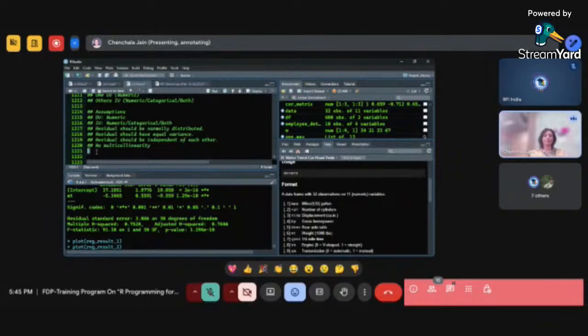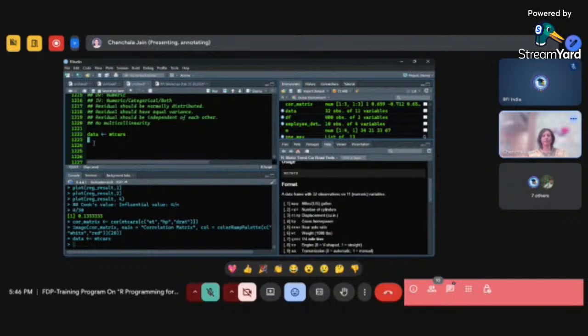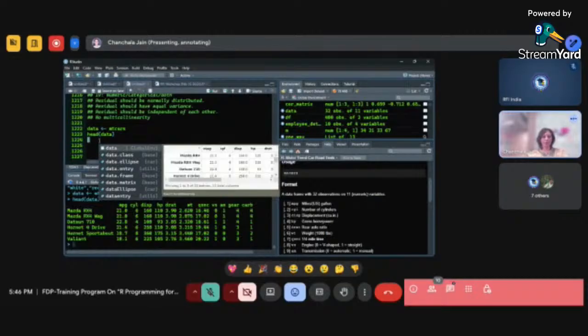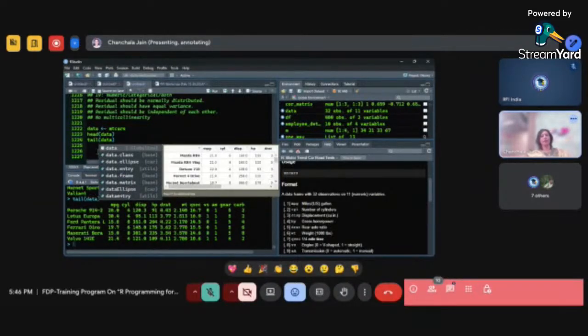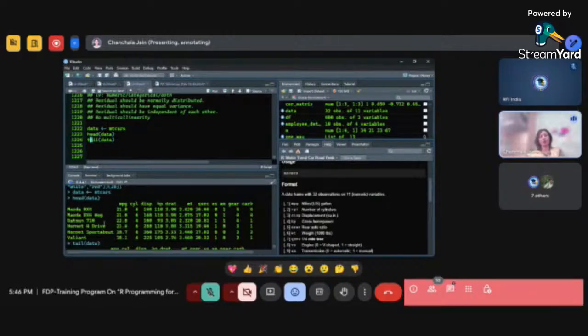Firstly, I'm storing the mtcars data into an object named data. I can check out the first few lines of the data set. If I want to see the last few lines, I can use tail, right? That way you can see these are the various models of cars available in this data.